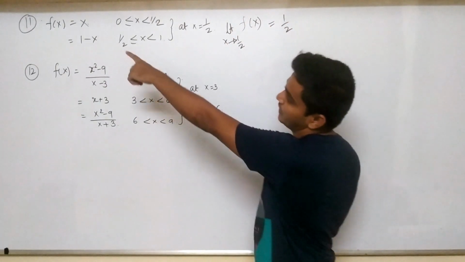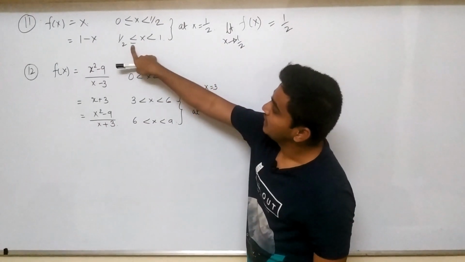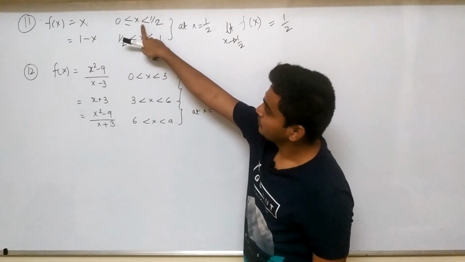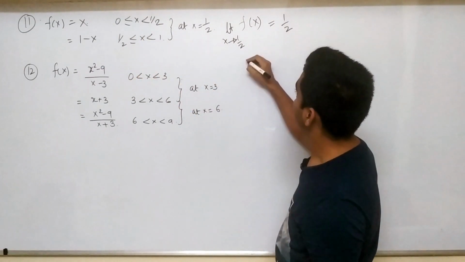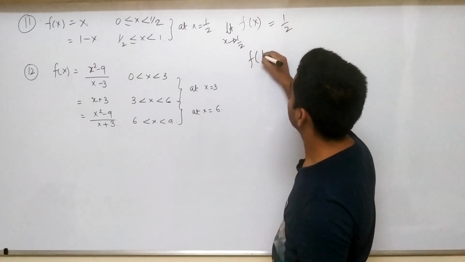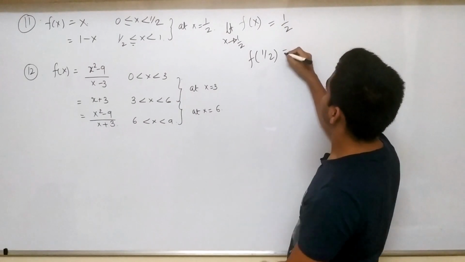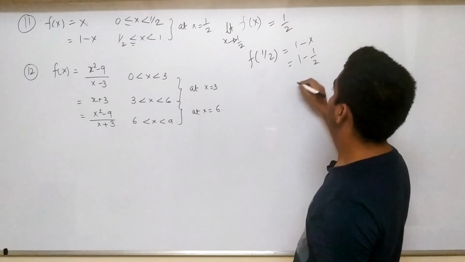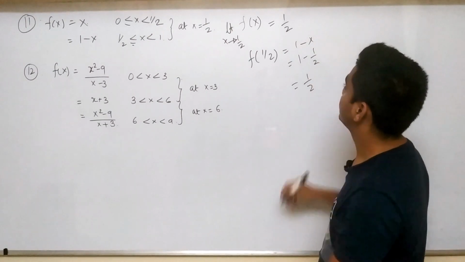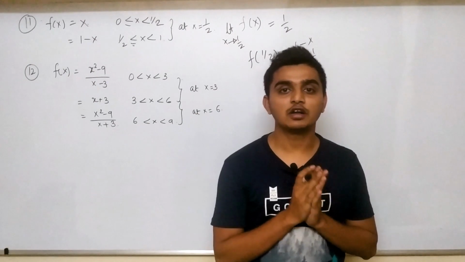Since we can directly plug that value, and since it is tending towards from the left, at f of 1 upon 2, since we have an equal sign over here, it is 1 minus x. What is x? It is 1 half, so it becomes 1 upon 2. These two values are equal, so we can say that it is a continuous function.